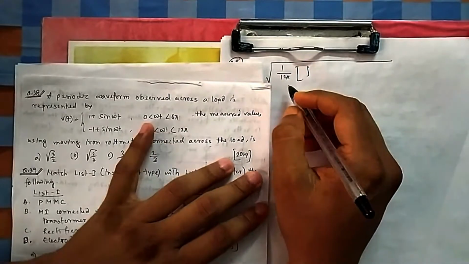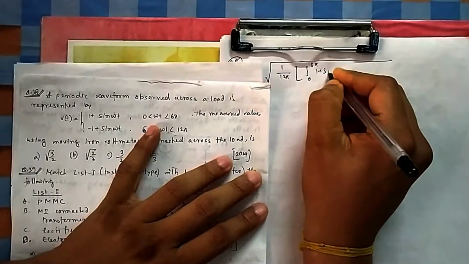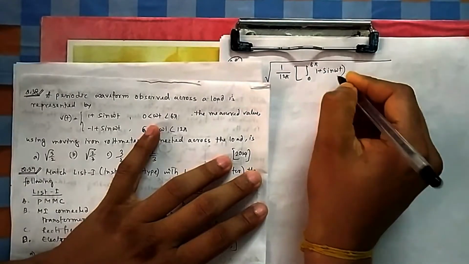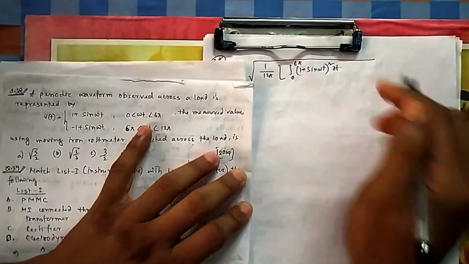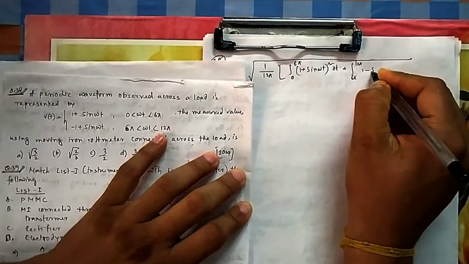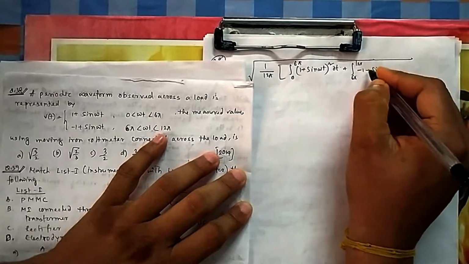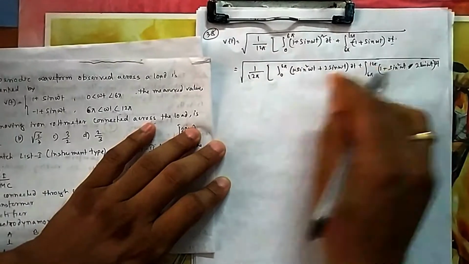So length is 12 pi, and the integration is 0 to 6 pi (1 plus sin omega t) whole square dt, and then 6 pi to 12 pi (1 minus sin omega t), minus (1 plus sin omega t). So if you open it, you will find it in this way. So this is the expression.